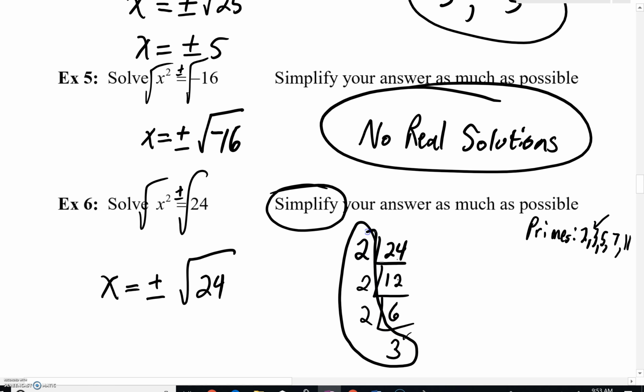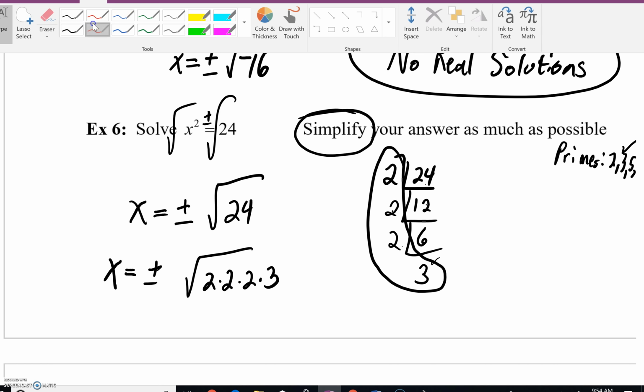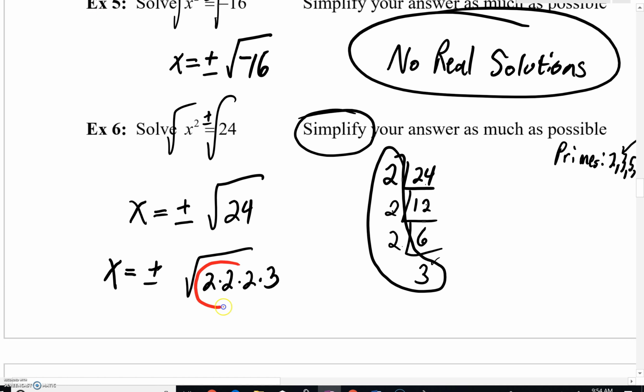So here's my little division tree. Some teachers call that the hockey stick. But it's 2 times 2 times 2 times 3. Well, how did we proceed with this? We always looked for doubles, any pairs.